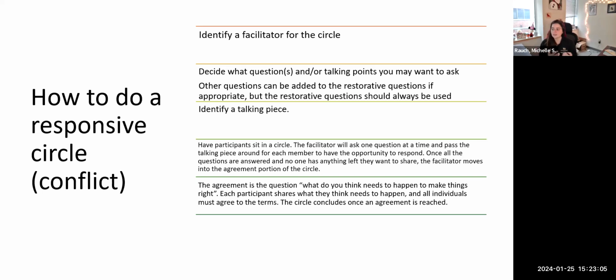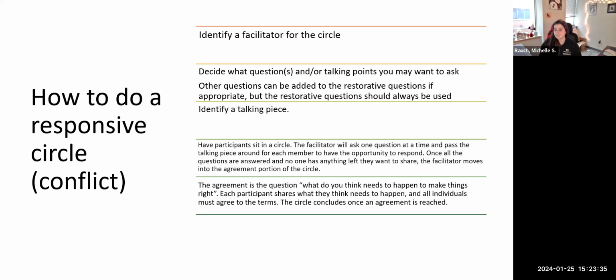It may be a little bit of a back and forth of being like, okay, talk to me about what you think needs to happen, or what is making you a little bit hesitant to agree to these things, to be able to really understand what is holding them up from saying, yes, I will do that, or yes, that is something that needs to happen. Try to figure out, is there anything that can be done to make sure that each point of the agreement is abided by.